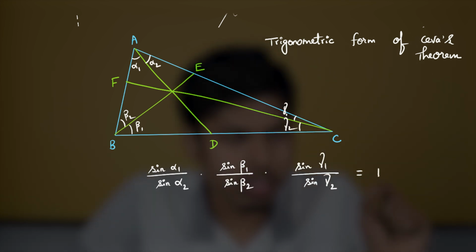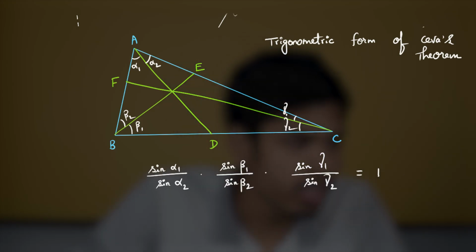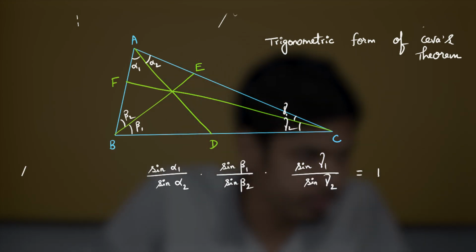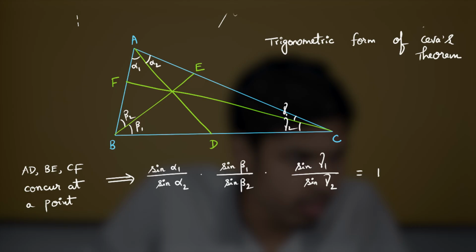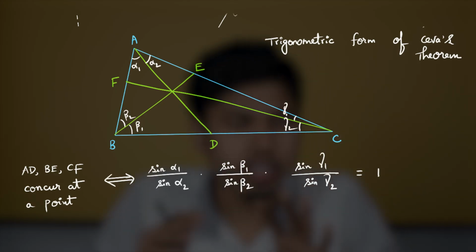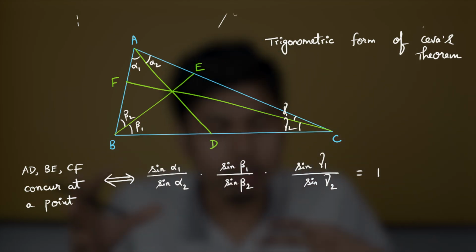So this is the condition that determines the concurrency of these three cevians, AD, BE and CF. AD, BE, CF concur at a point if and only if these three ratios multiply to 1.